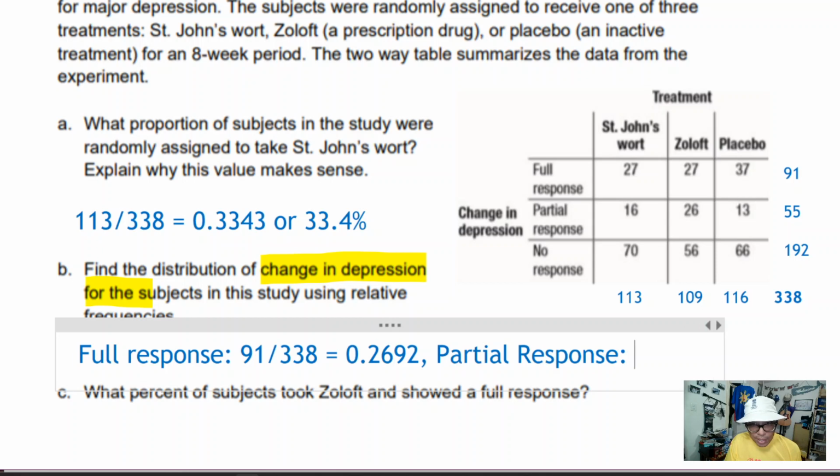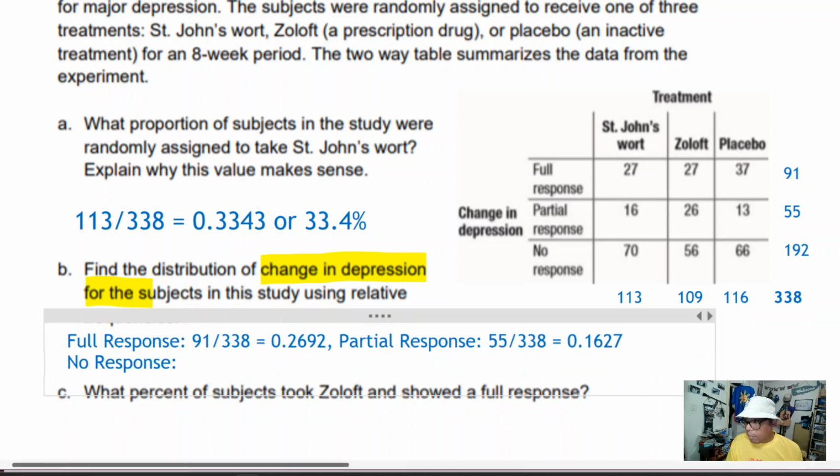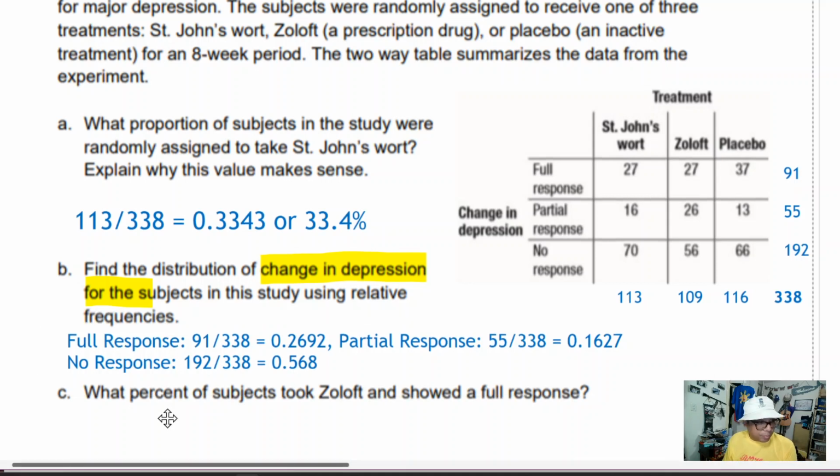That's 55 out of 338. And lastly, we'll look at no response. That is 192 out of 338, or about 57%. Okay, so that is our distribution for the change in depression.